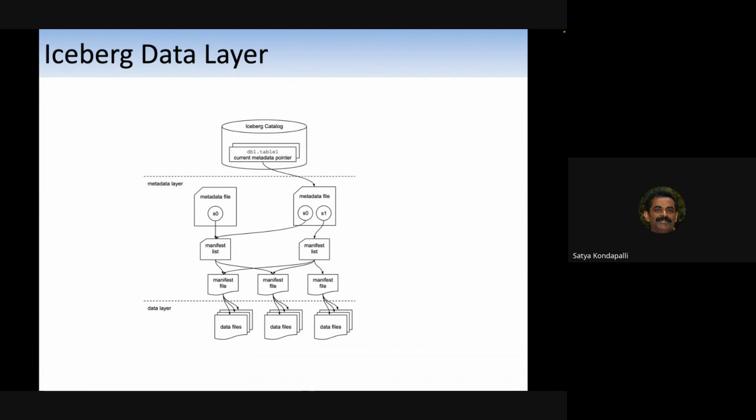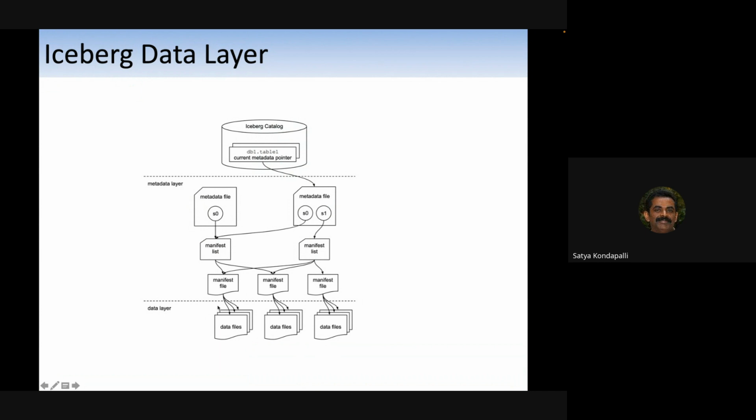Then you have an orphan file sitting on the data layer which is not referenced in the manifest file. So these orphan files sitting on the data layer, never referenced in the manifest file, are not impacting your Iceberg table.